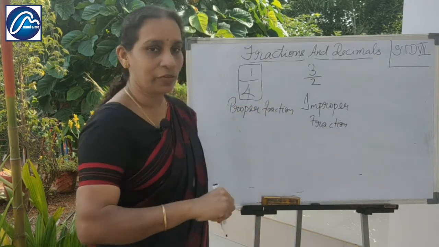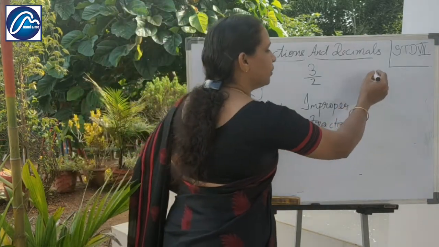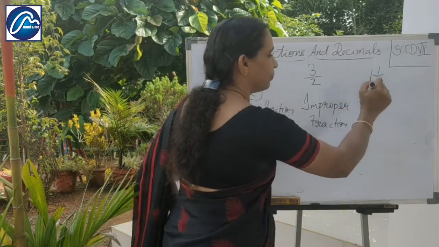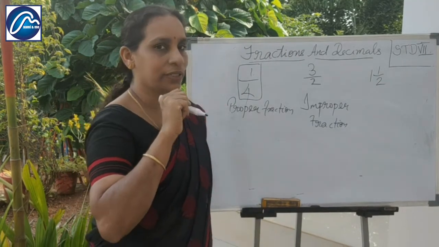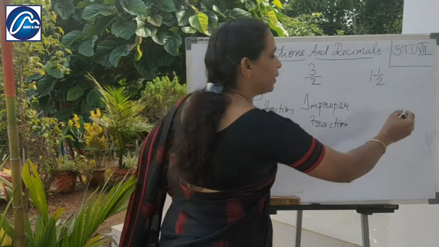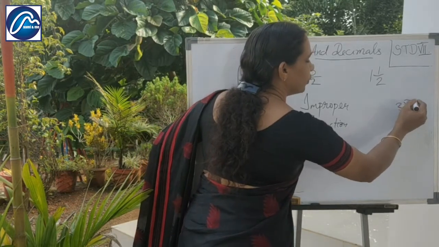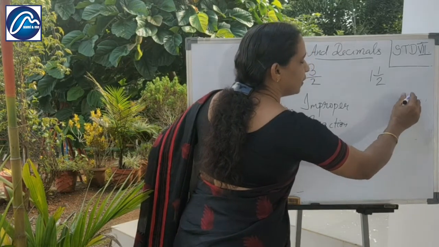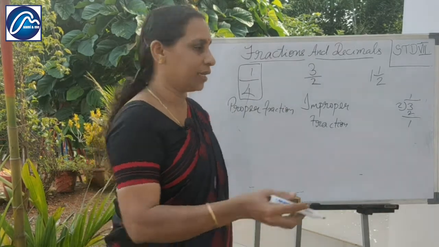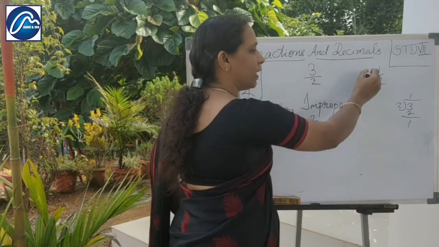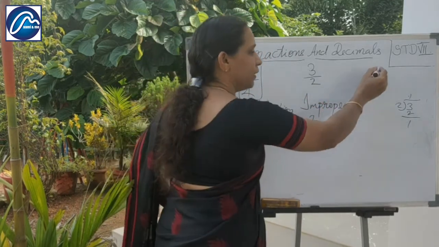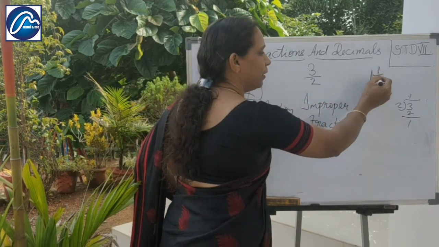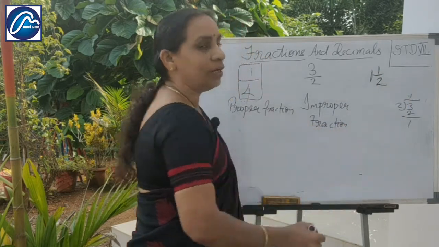What is the meaning of this? It is 1.5. 3 by 2 means 3 divided by 2, and you will get 1 as the answer and 1 as the remainder. So, we will write the 1, the quotient, here, and the remainder above the divisor.